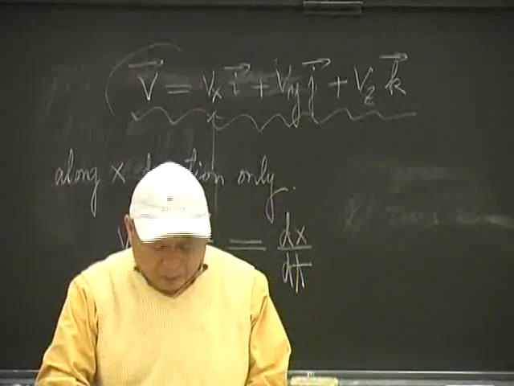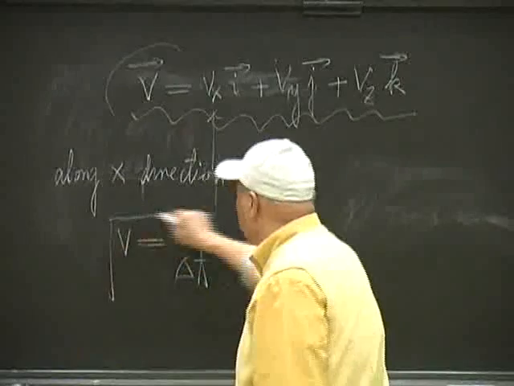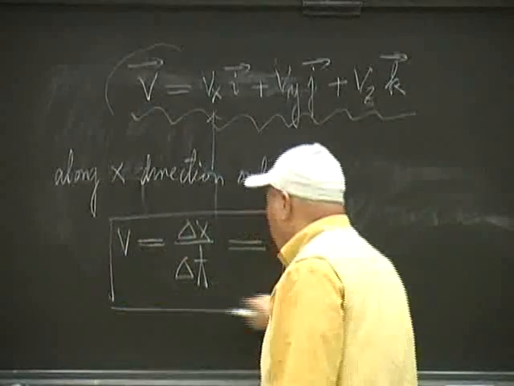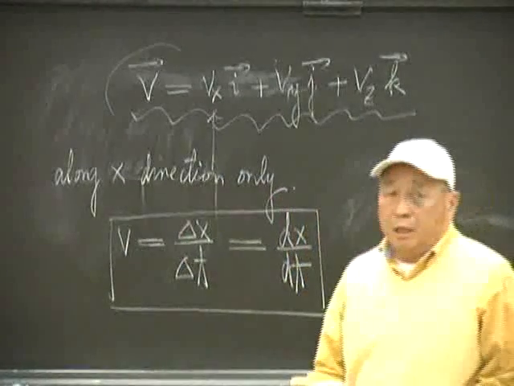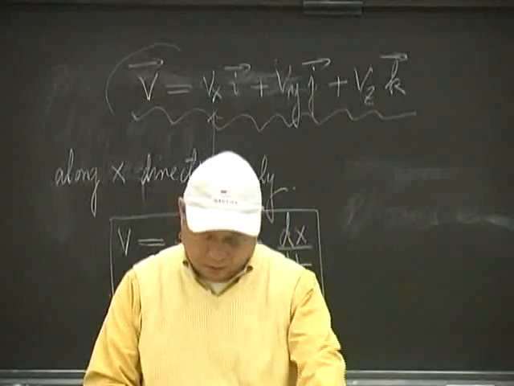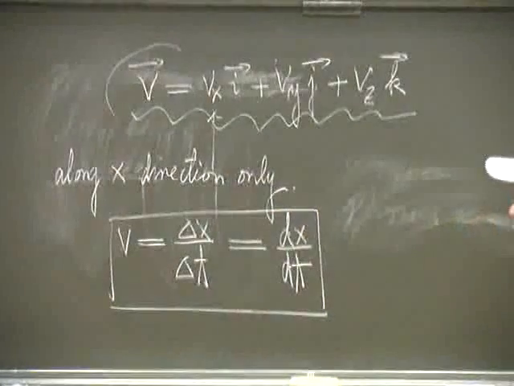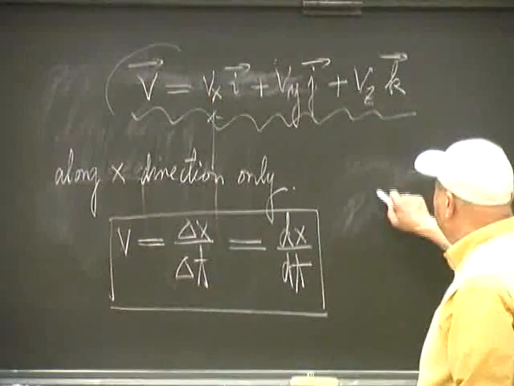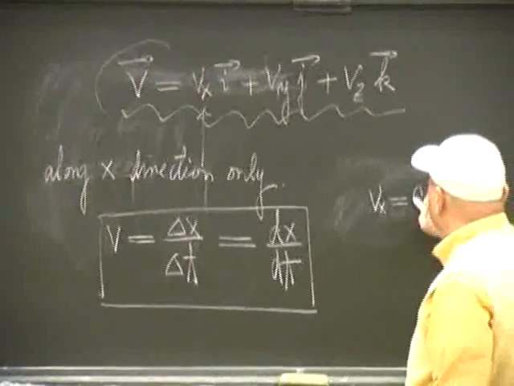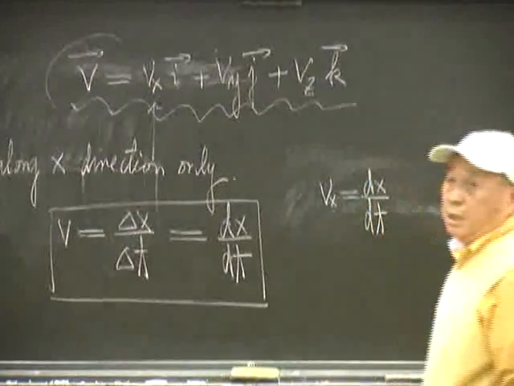Now we would like to get more meaningful information from this dx/dt. From the derivative information, we can express v sub x equal to dx/dt.